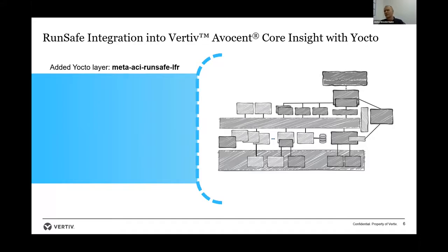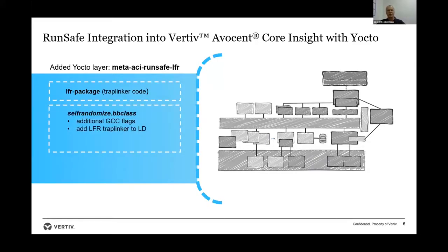In our build system, we basically just create a new meta layer. You can also, like Doug showed, just download the meta layer from RunSafe. You might want to massage it according to your needs, but essentially these are the ingredients in that layer. There is the actual LFR package, which is essentially that secret ingredient, the binary code that does the actual transformation.